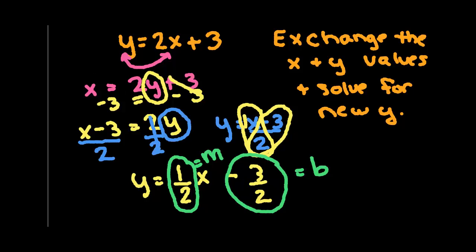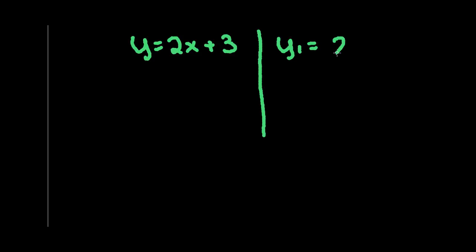All right, let's look at how we could do this with a calculator. So let's take that same equation, y equals 2x plus 3. If we have a TI graphing calculator, we put that into y1, under the y equals button, y1 equals 2x plus 3.